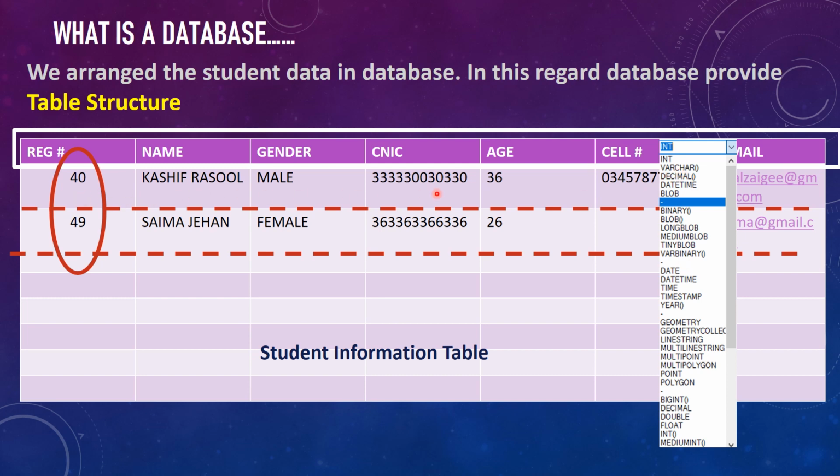Every row is one entry against any data, so you can create multiple rows in a table, and the table grows in rows, and every row has a unique primary key. Here, registration number is the main primary key of the table, so you can understand well about the database and the table structure.